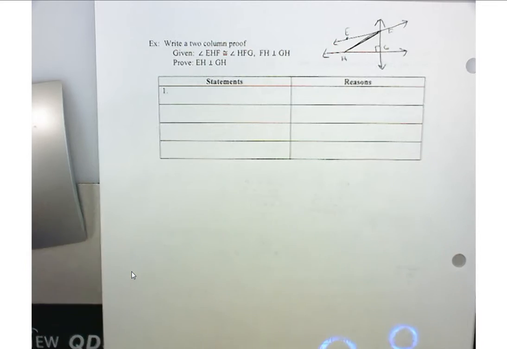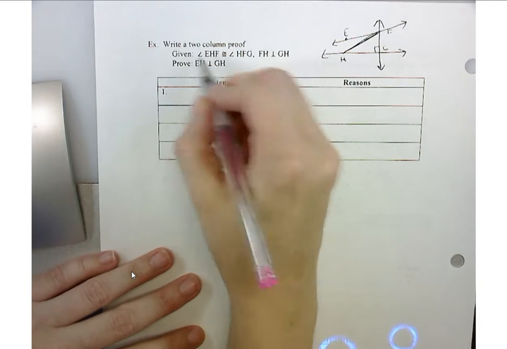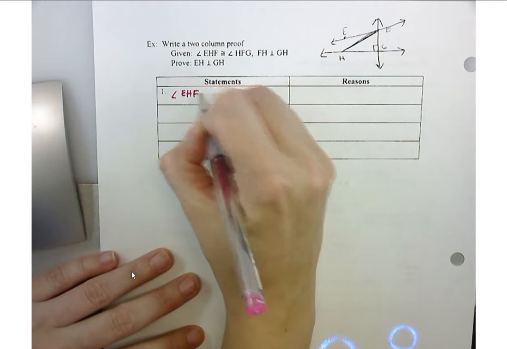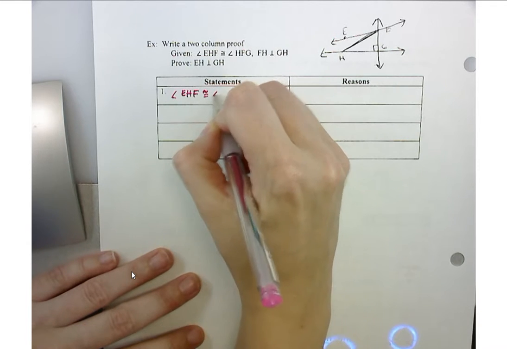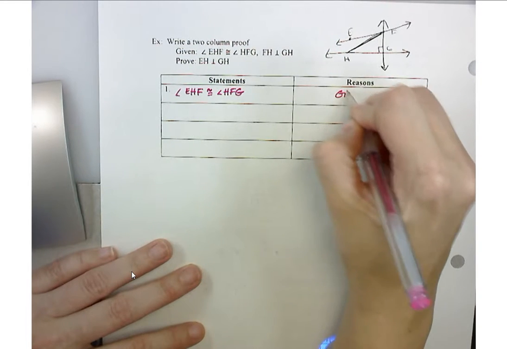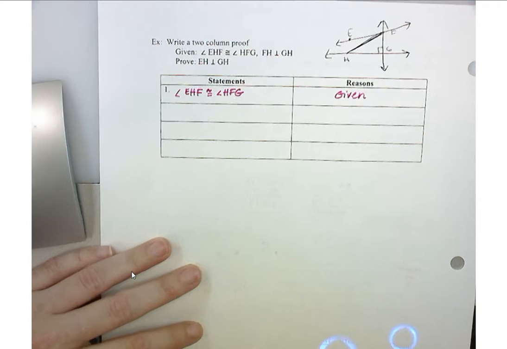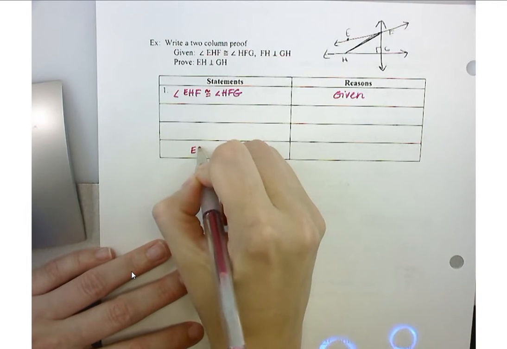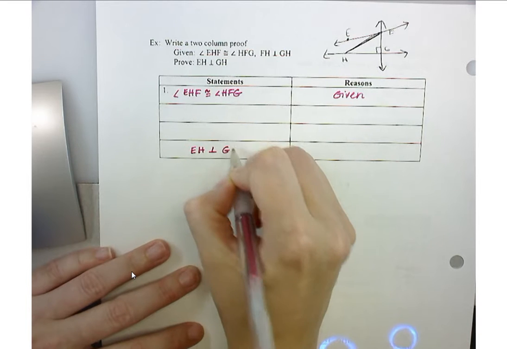So if you look at the first given statement, it tells you that angle EHF is congruent to angle HFG. That's given. And then we can put our final step in there too. EH is perpendicular to GH.